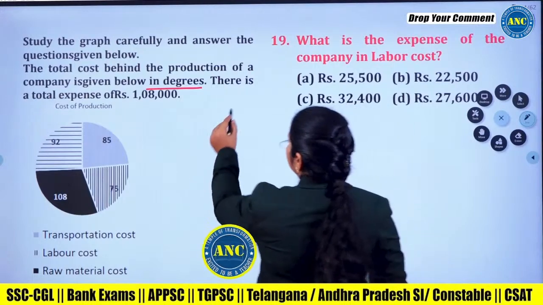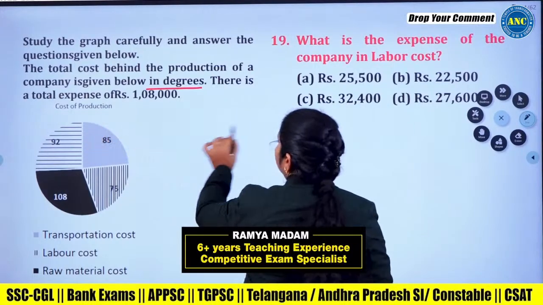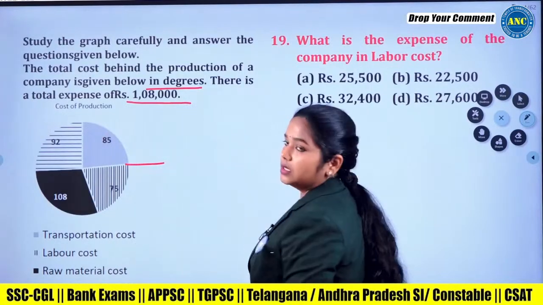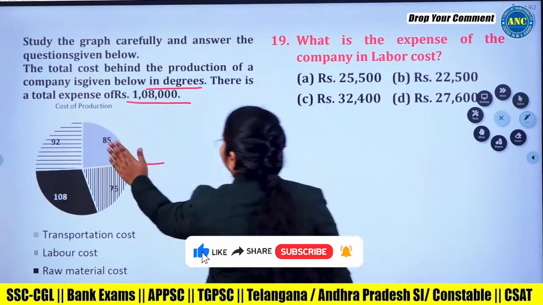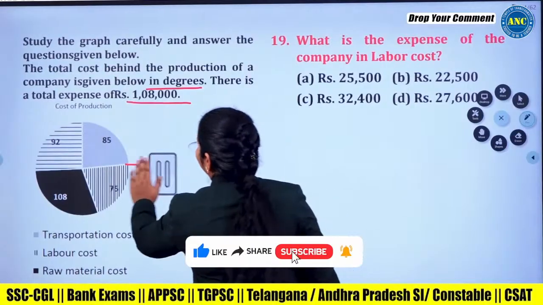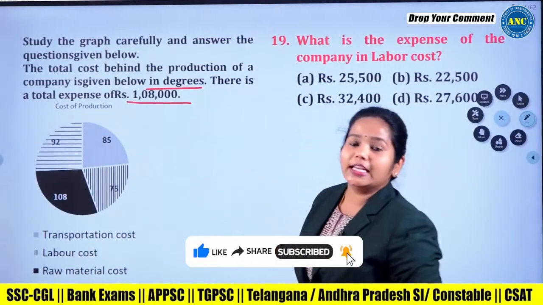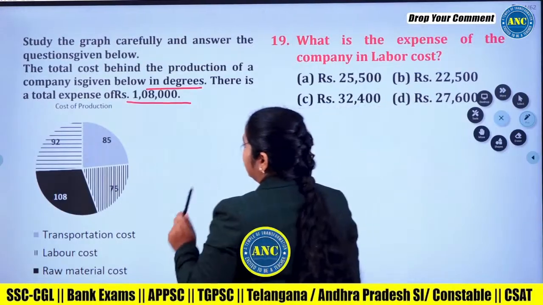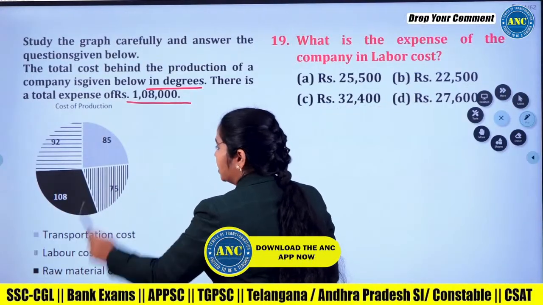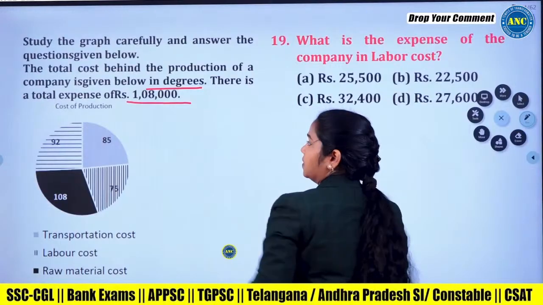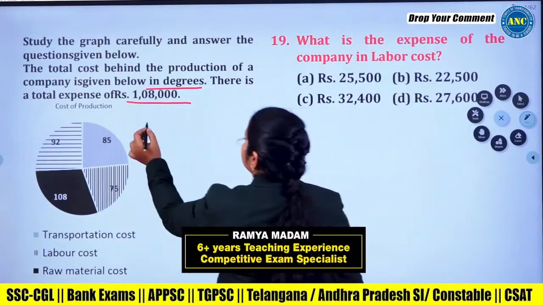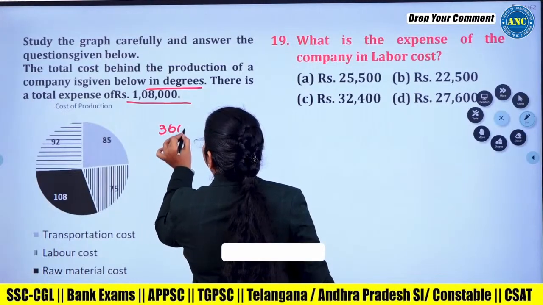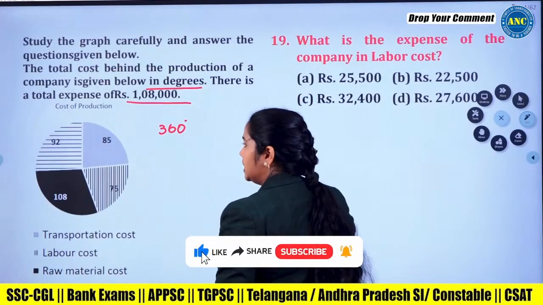Now going to the question, the total expense is 1,08,000. Okay, I didn't write this. Okay, fine. The total expense is 1,08,000. Before going into the question, we'll break this down. See, the complete circle is what? 360 degrees.